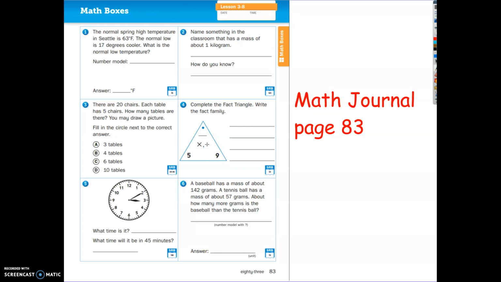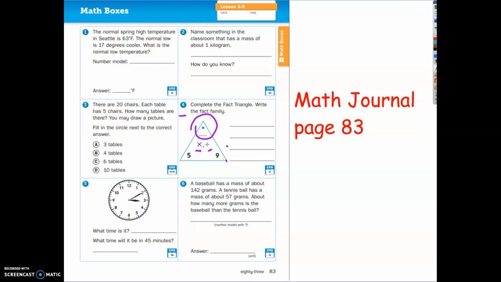Make sure that when you're doing the fact family for number 4, there's 4 lines, 1, 2, 3, 4. That means you need 4 facts. You're writing 2 multiplication and 2 division facts, but first you need to figure out what the missing number is. The number by the dot is always going to be the biggest number. Okay? So that means you need to do something to the 5 and the 9 to get that answer.